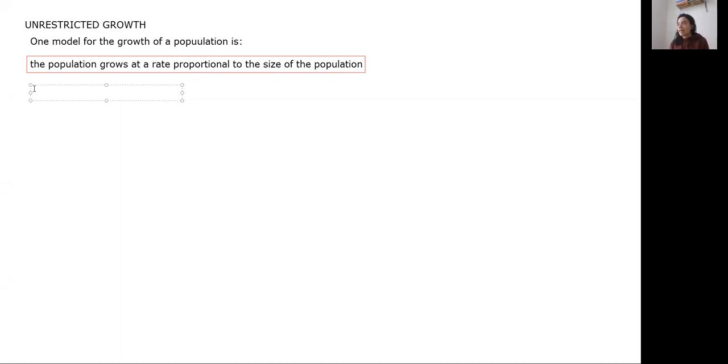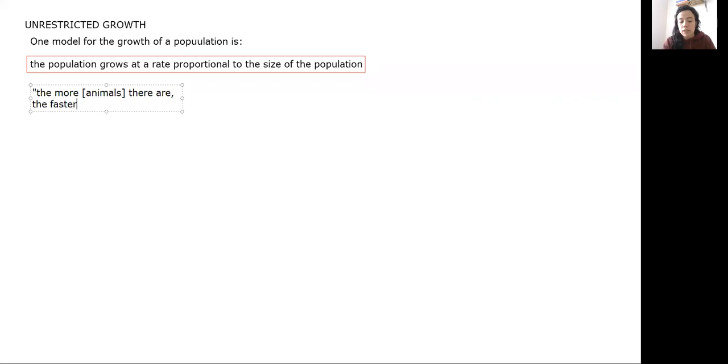So what that means is that as the population of animals is growing, the rate at which the population will be growing is also going to be larger, right? So the more animals that I have, the faster they're going to reproduce. Does everybody understand that? Can I see a show of hands for those of you who understand that?